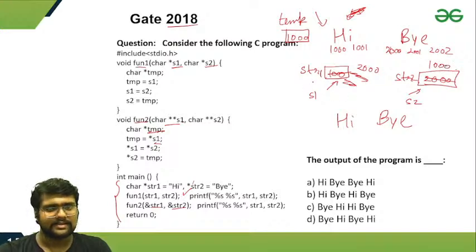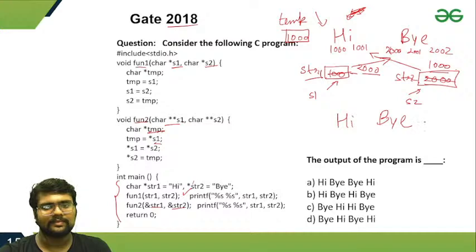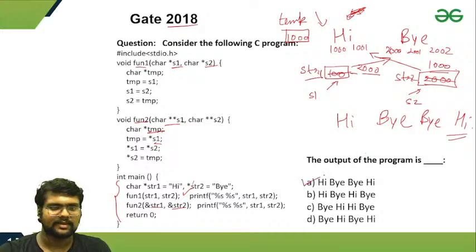So now the addresses of str1 and str2 are changed, so str1 is pointing to this "bye" and str2 is pointing to this "hi". Okay, so our output will be bye hi. Okay, so our correct answer would be bye hi.